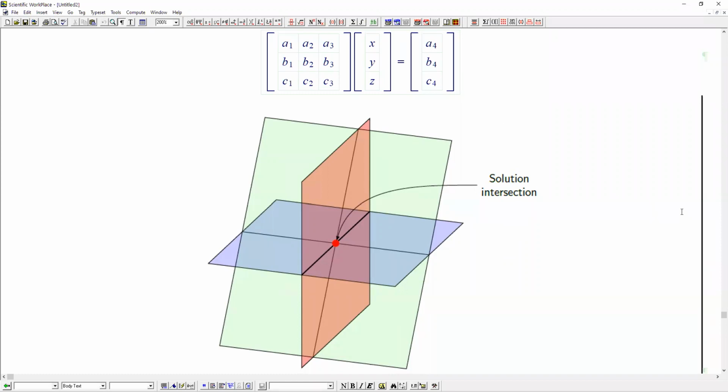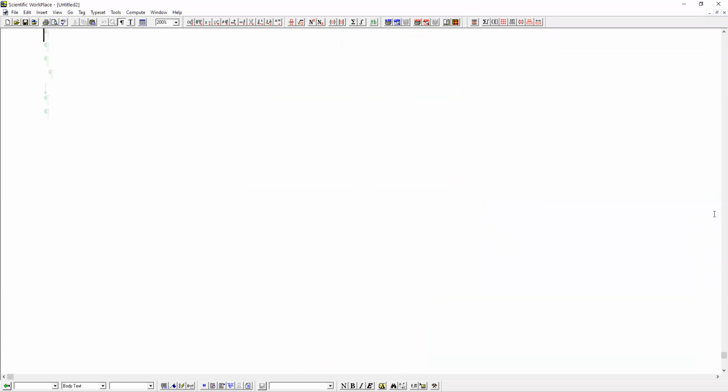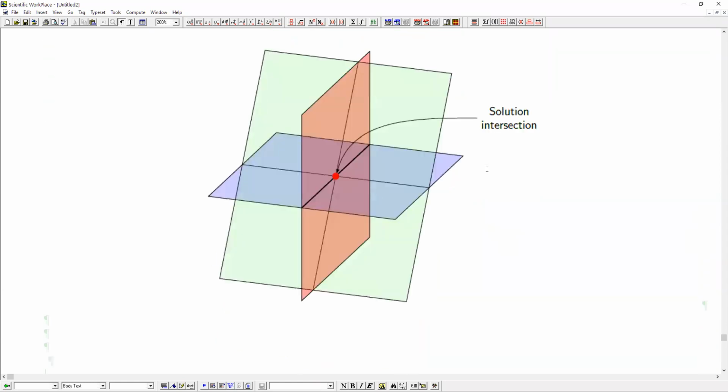And what does that mean, actually? What would it mean if they are not linearly independent? So you would get something like this.